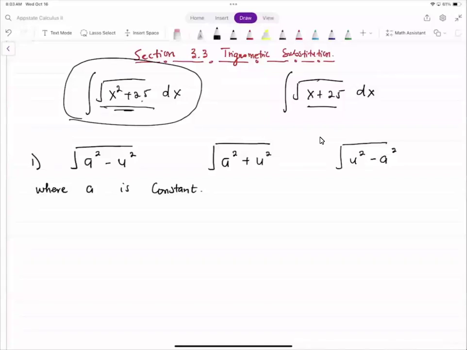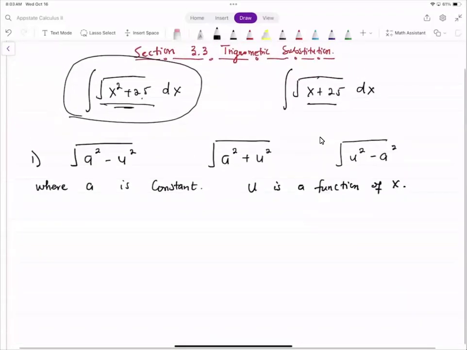And then u is a function of x. So these are the main functions we are going to look at and how we are going to use trig substitutions to solve them. I want you to have these three functions in mind.